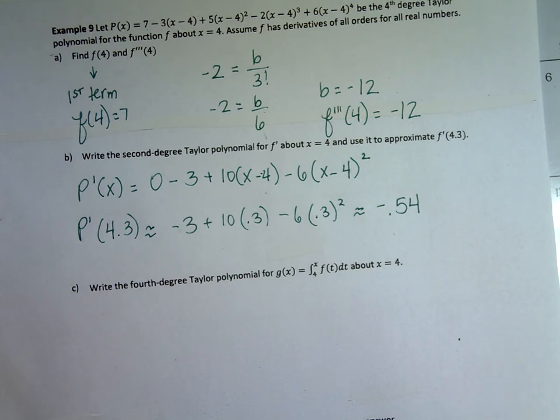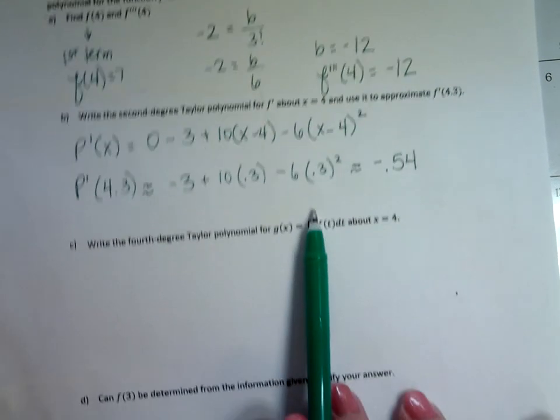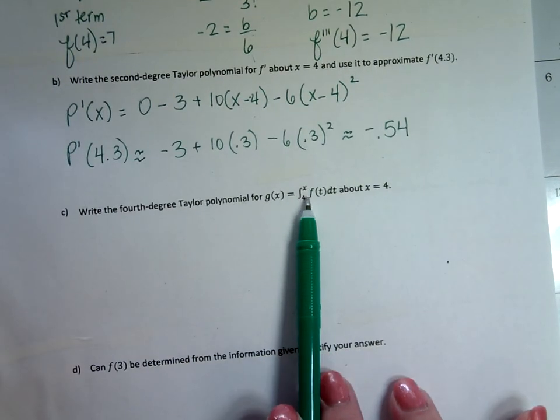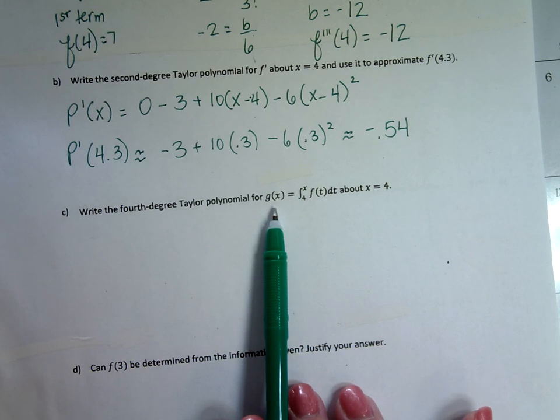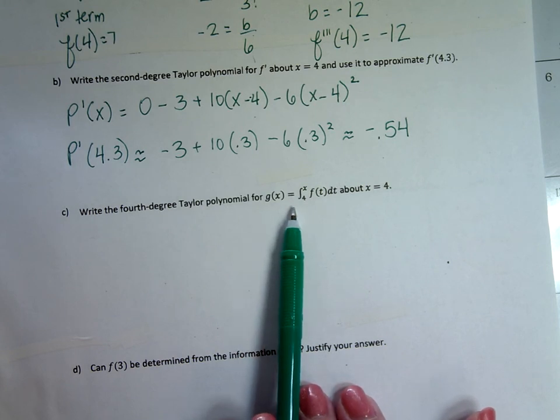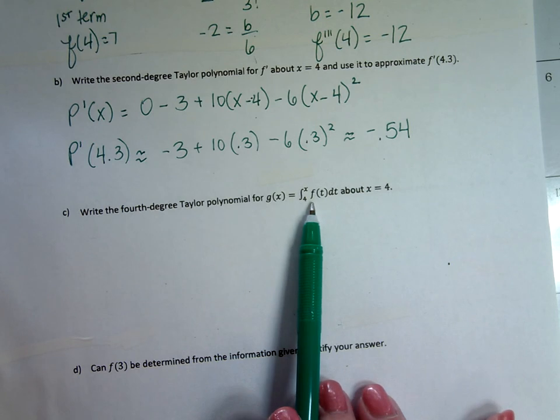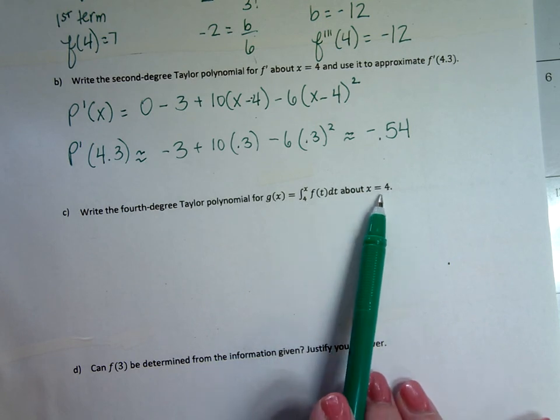So sometimes they're going to ask you to take derivatives. That was the idea. Sometimes they're going to ask you to take integrals. That's part C. Part C says, okay, now take this thing, write the 4th degree polynomial for g of x equals the integral of f of t dt about x equals 4. So we're still centered at x equals 4.